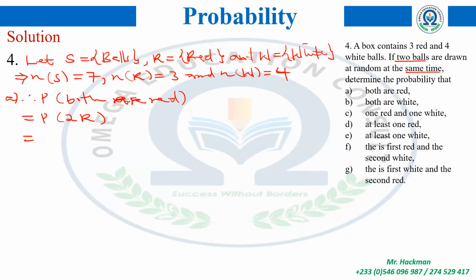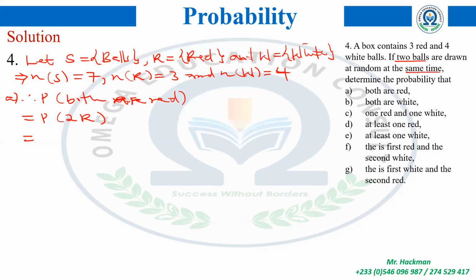Yeah, I get it. However, with this one, I said the selection could be done one after the other, not at the same time. So it's possible you will see your keyword at the same time there, but I can say that one after the other without replacement. Though you don't see at the same time there, you see another keyword, without replacement.